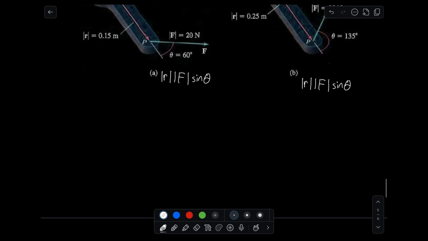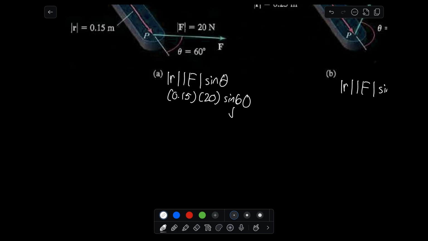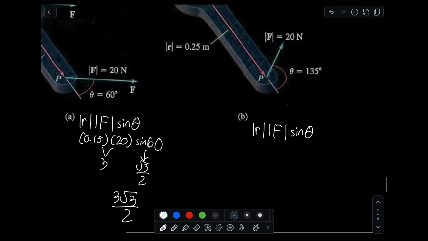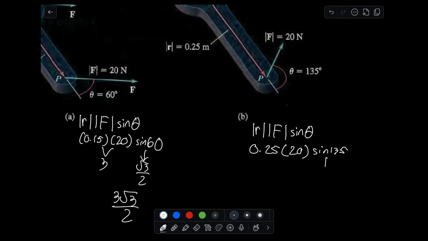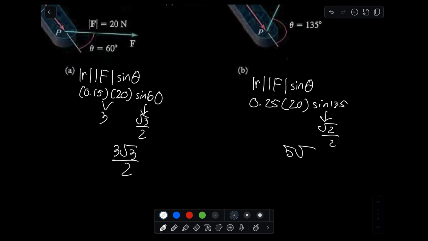It's going to be 0.15 times 20 times sine of 60. So this is going to become root 3 over 2. This is going to become 3, so it's going to be 3 root 3 over 2. And in this case, it's going to be 0.25 times 20 sine of 135. This becomes root 2 over 2. This becomes 5 root 2 over 2.